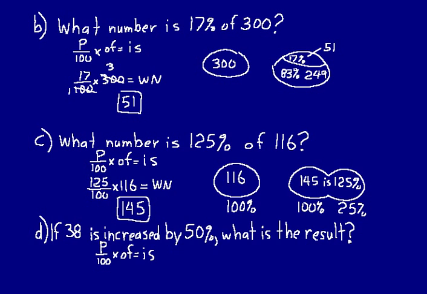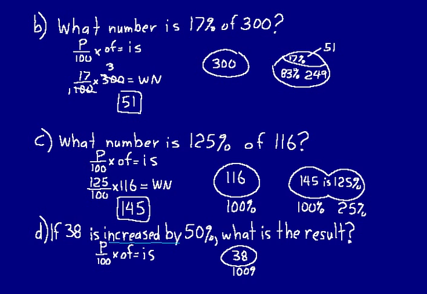Anytime you see that phrase, increased by a percentage, you need to add 100 to the percentage they've given you, because you're already starting out with the whole. We could draw our diagram here, and our whole, 38, that's 100%.